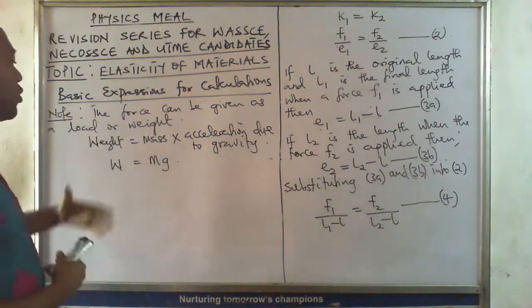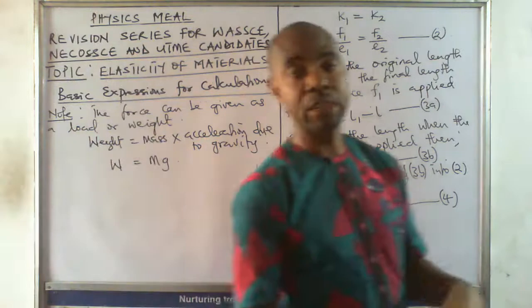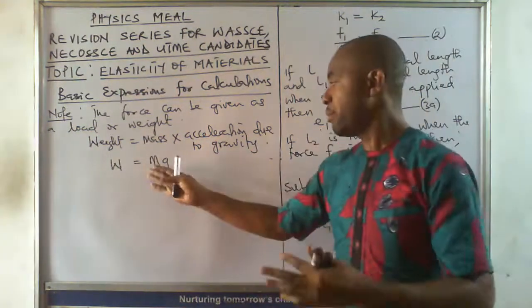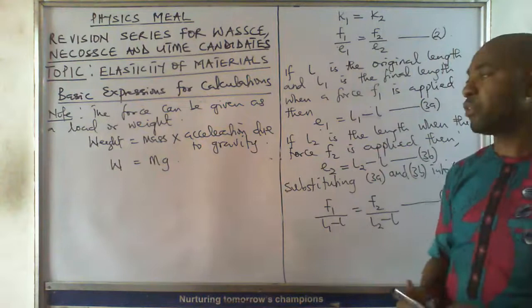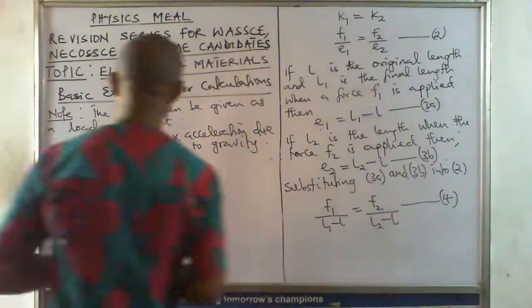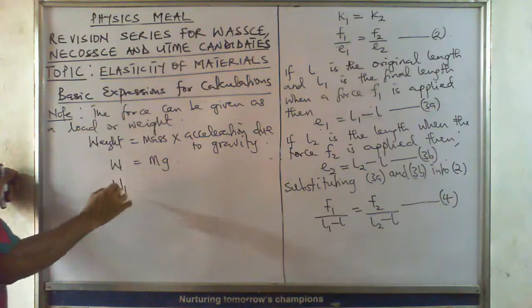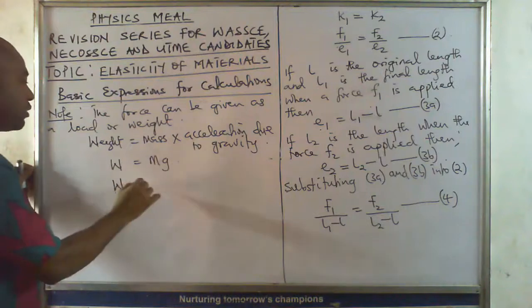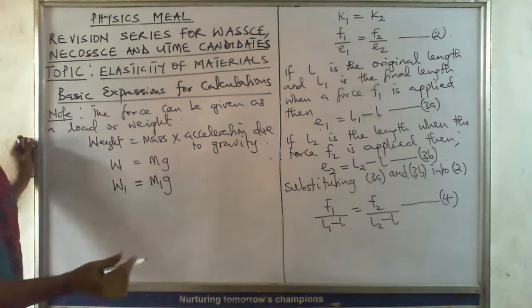So if we now use weight in place of force, they did not give us force directly. They may give us mass, or they use the word weight. Remember, weight is force. If we use weight, that means W1, weight 1 that produces a given extension, is going to be M1G. G is a constant.